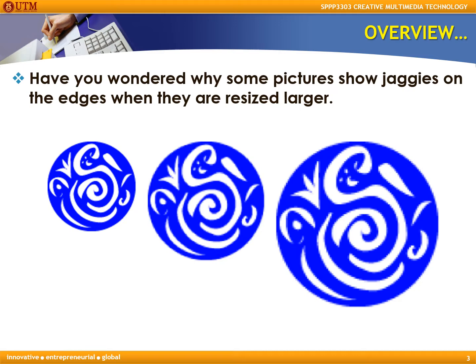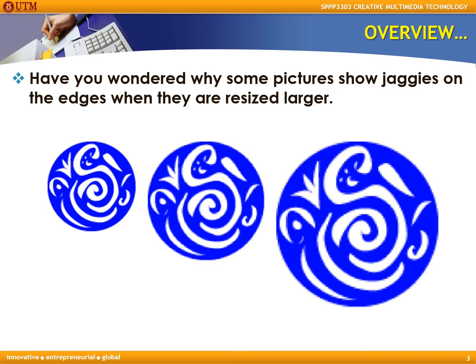Now if you want to be able to differentiate between categories of images, you need to be critical when you look at them. For example, if you see here, the edges of these images get more blurry when they get larger.